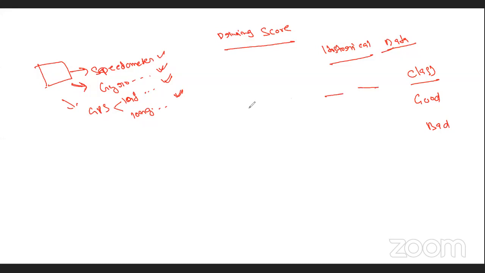This was the class based on multiple X values. So maybe based on the speedometer reading, the gyroscope reading, sharp left and sharp right, the fluctuation in the path, changes in lat and long, and the RPM.